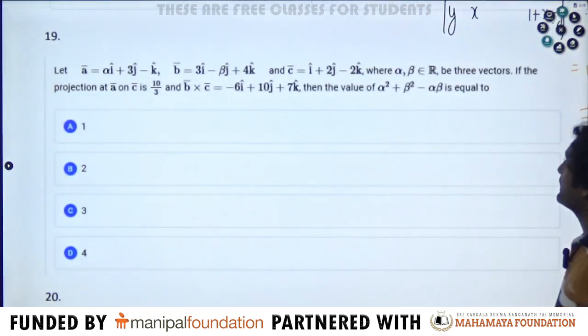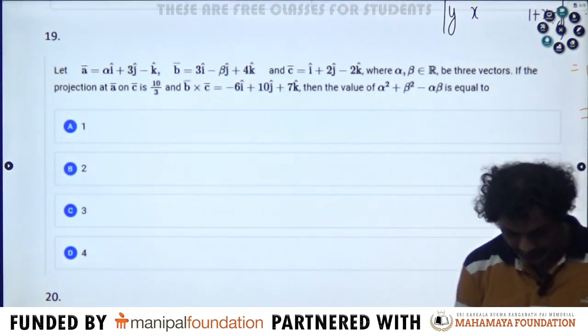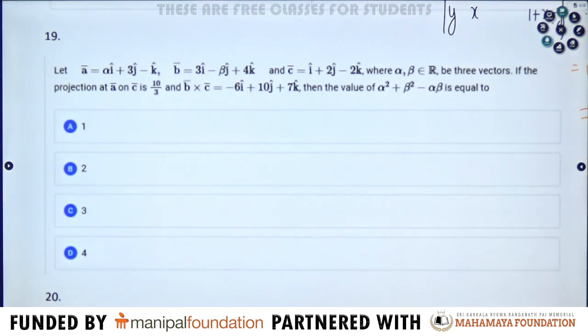So the 19th one, I want you to have a look. See what they're telling, then you go ahead. Because I have done projection sums, similar sum I had done.